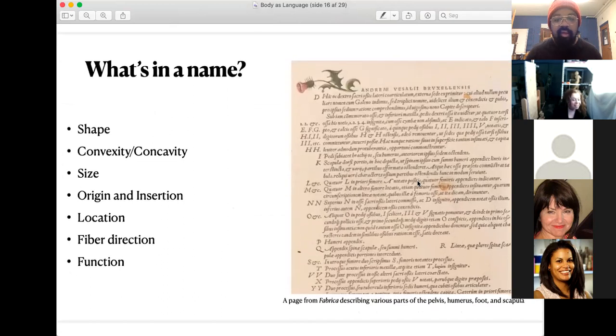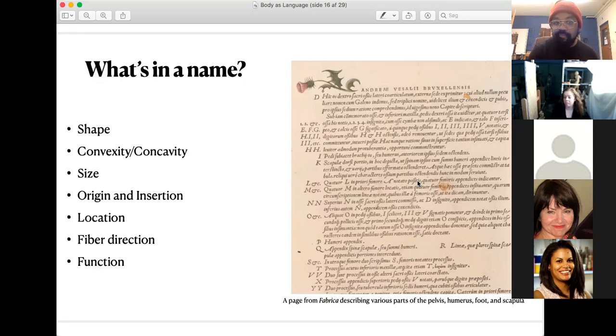Just by studying the name alone, we can learn about the shape of the muscle or bone, the convexity or concavity, the size, the origin and insertion. Some muscles tell you where their origin is and where their insertion is. Sternocleidomastoid is one of them. Iliocostalis is another. The location: pectoralis, on the chest, it means chest muscle.